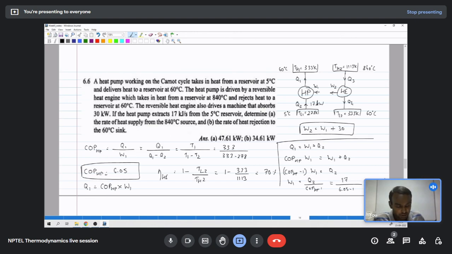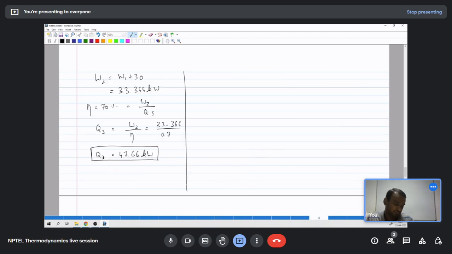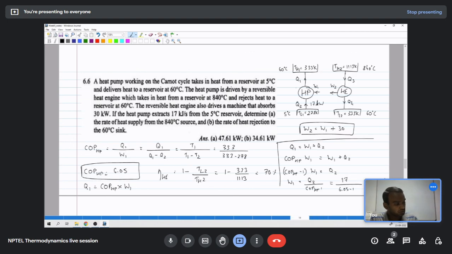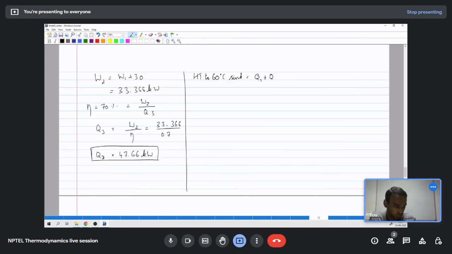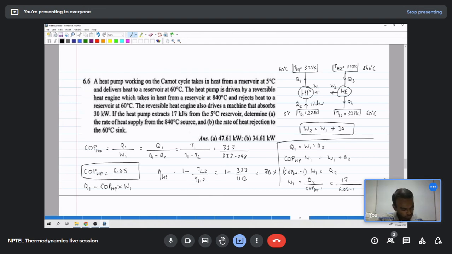So this is the first part of the problem, and the second part is to calculate the rate of heat rejection to the 60 degree Celsius sink. So that is heat transfer to the 60 degree Celsius sink, from the heat pump in terms of Q1, and from the heat engine it is Q4. So this is Q1 plus Q4. Q1 is just calculated as 3.366 and Q4 is yet to be calculated.